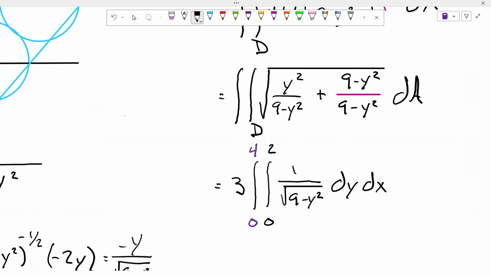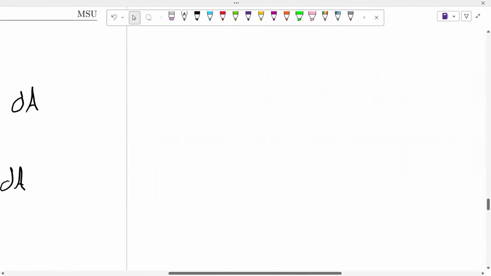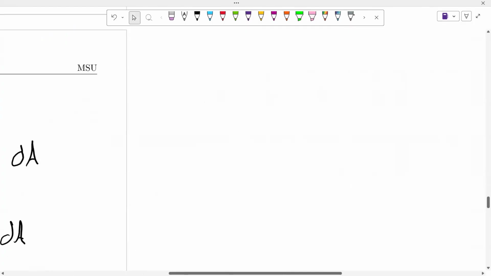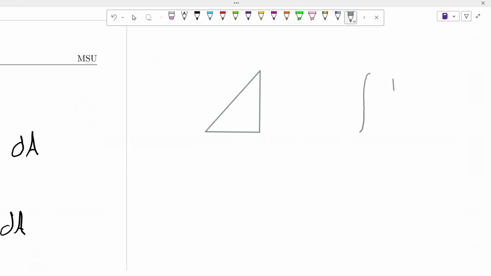And I'm pretty sure that's trig substitution. So let's give that a shot. So I need a right triangle. We are after the integral of 1 over the square root of 9 minus y squared dy.